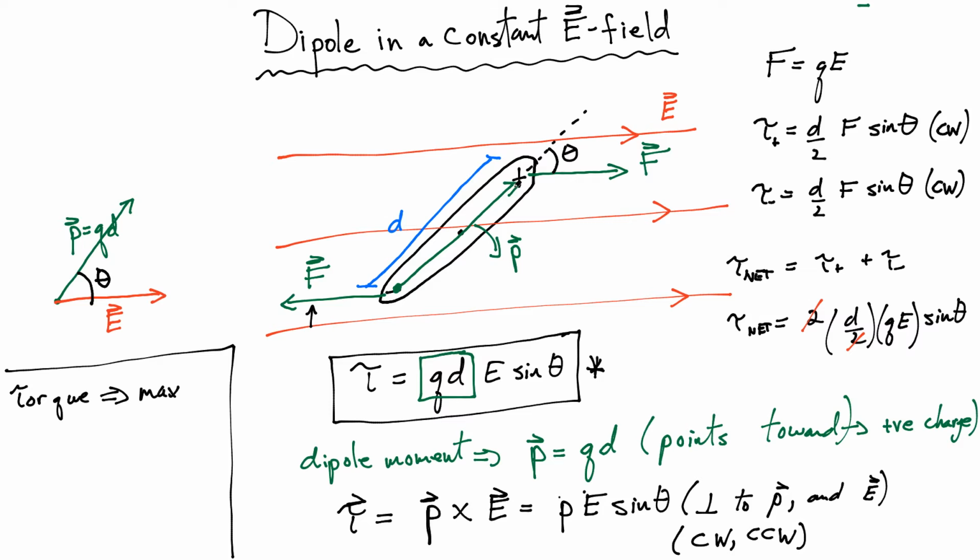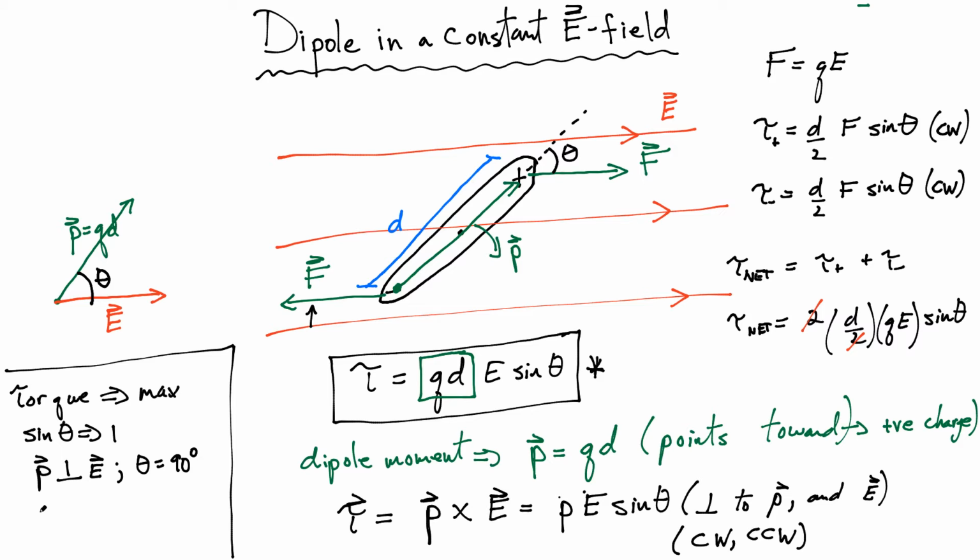For any given dipole, which has a dipole moment P, the maximum torque will be produced when sine of theta equals 1. That gives the maximum torque for any given electric field and dipole. We get that when the dipole moment P is perpendicular to the electric field, because in that case our angle theta is 90 degrees.